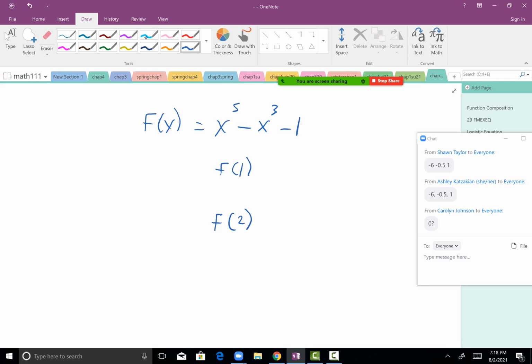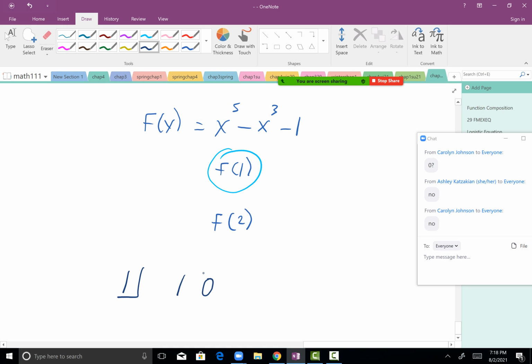So I'm going to pick the 1 first. So I'm going to go 1, and here 1x to the 5th. Now do I have any x to the 4th in there? No. So I'm going to put a 0 as a placeholder.